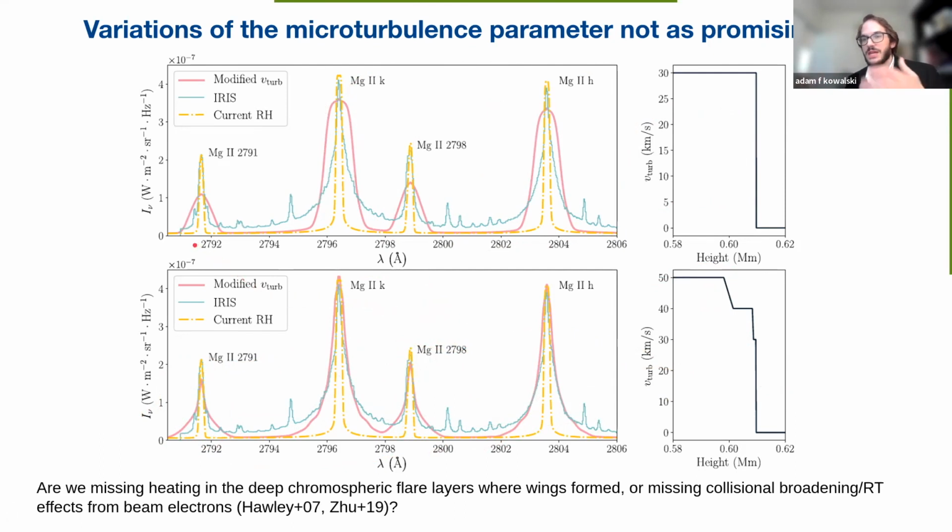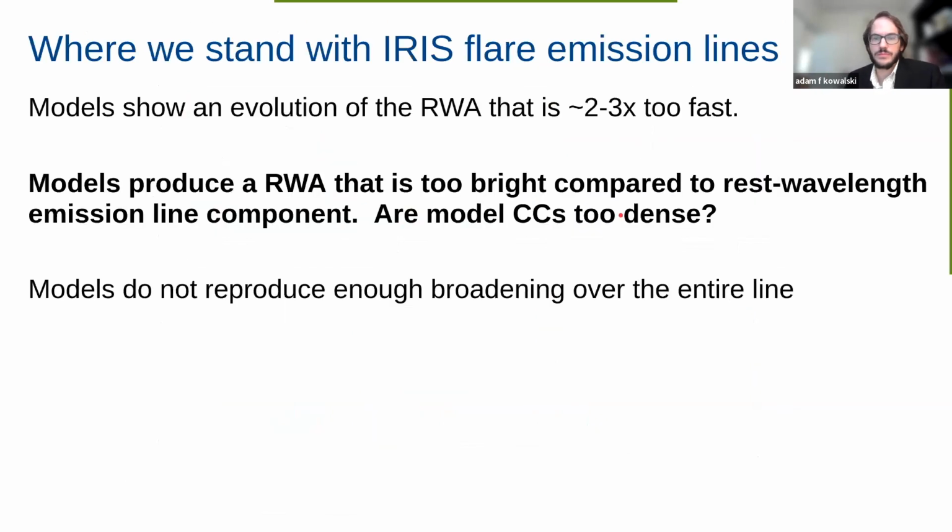Is it deep heating in the low chromosphere where the wings are formed? Is it something to do with the interaction of the beam with the magnesium II? So that's an unknown problem, but we can start to address some of the other glaring discrepancies and motivate new observations. In particular, the brightness of this red wing component to the emission line in iron II.